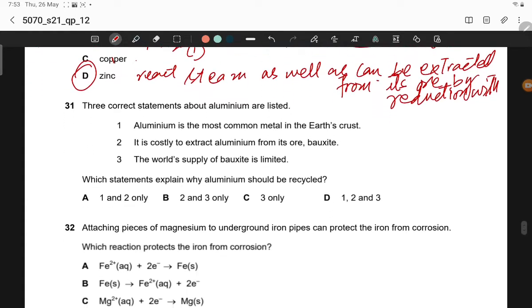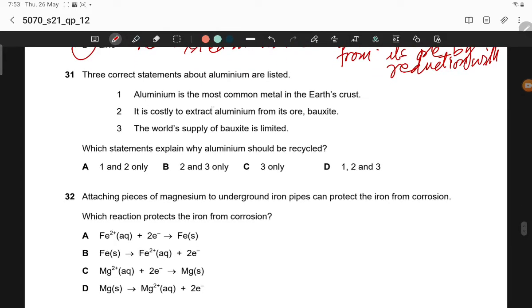Three correct statements about aluminum are listed. Aluminum is the most common metal in the earth's crust. Not correct. It is costly to extract aluminum from its ore. Yes, it is correct, from its ore bauxite. The world's supply of bauxite is limited.